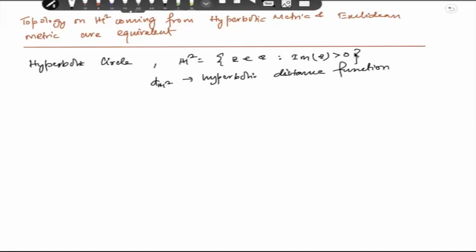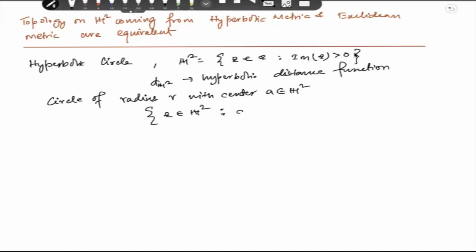What do we mean by a circle? A circle of radius r with center A, which belongs to this upper half plane, is the set of all elements z in the upper half plane such that the hyperbolic distance from z to A is equal to r. This is the meaning of the hyperbolic circle.